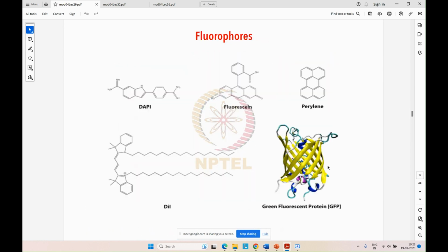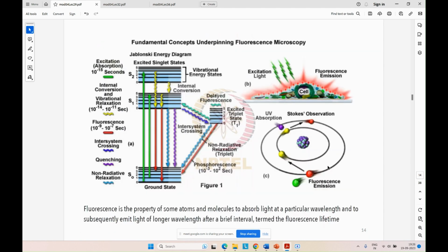So if you go here, this is the ground state. After they emit the light, they remain here instead of going back to the ground state.